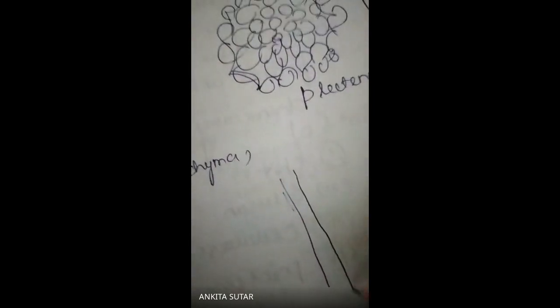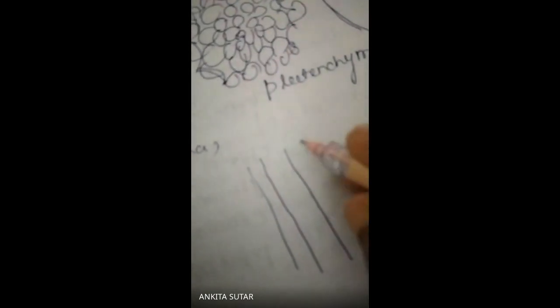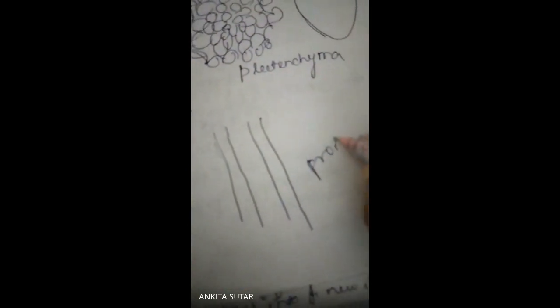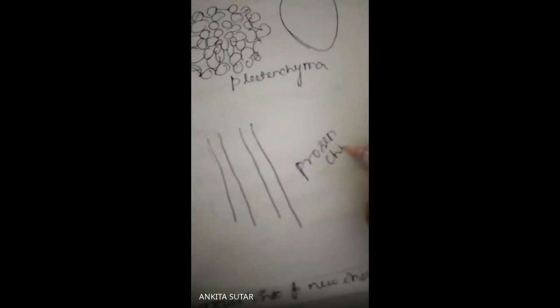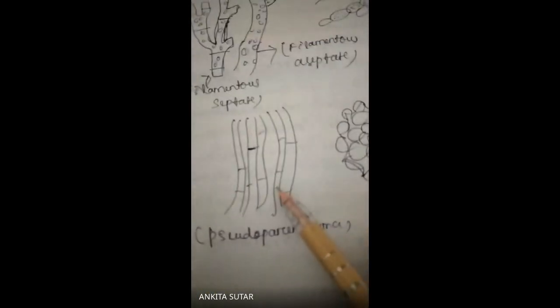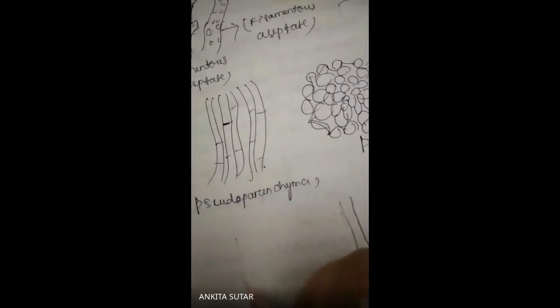That means if two hyphae lie parallel to each other, then we call it prosenchyma.